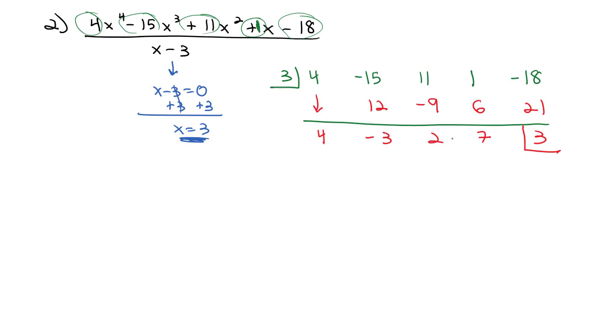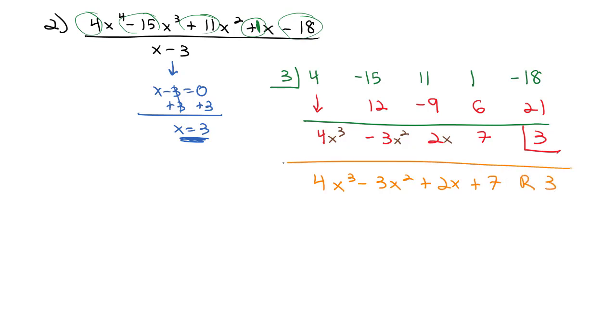Going backwards, I know that 7 is a constant, the 2 has an x, the negative 3x squared, and the 4 is x cubed, and so I can see my final answer for this division problem is 4x cubed minus 3x squared plus 2x plus 7 with a remainder of 3. And we have our solution.